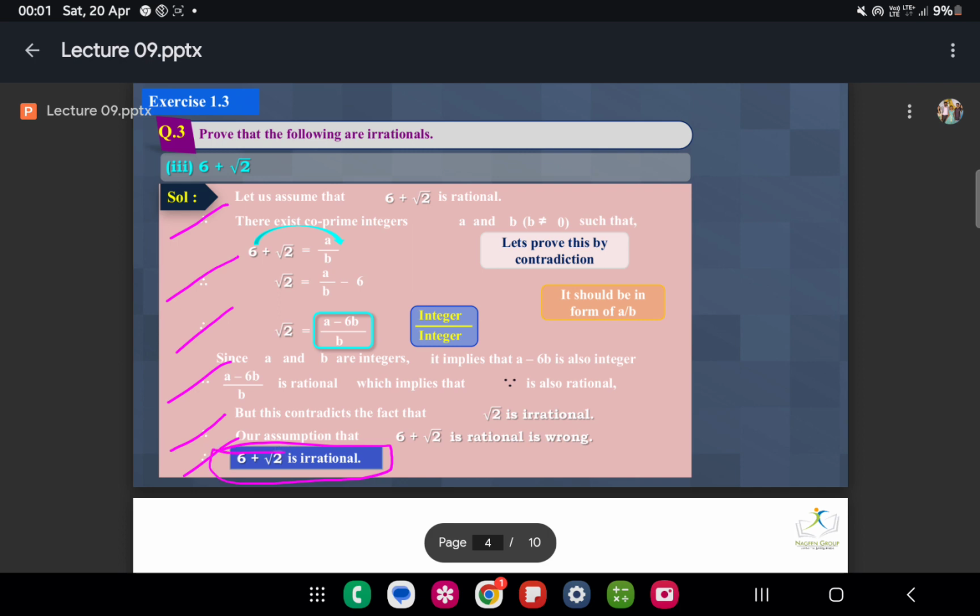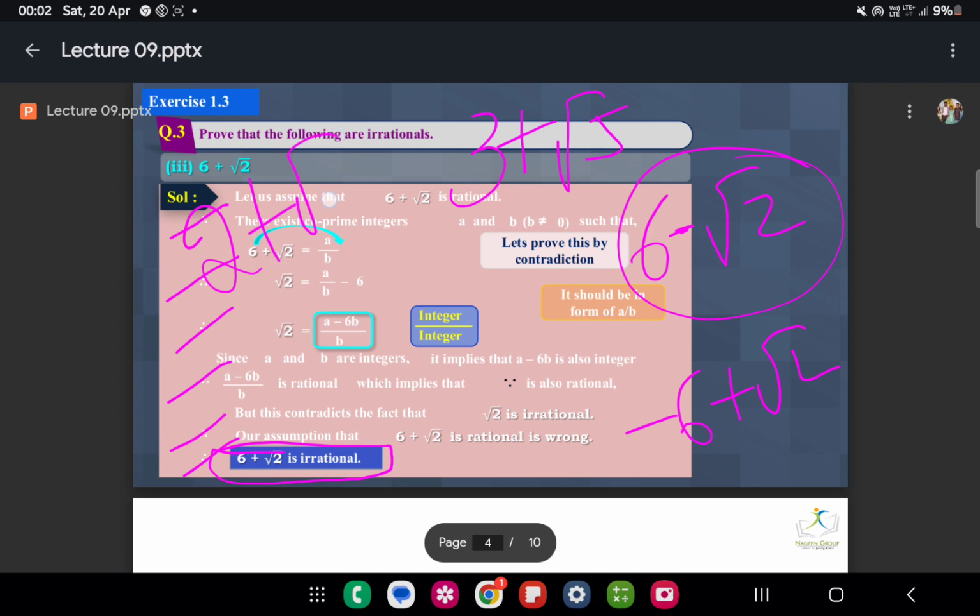Only these steps are enough to get the marks in the examination. This is an important question also. When they give 6 plus root 2, you can take 6 minus root 2, whatever you want by changing the sign, or you can take a minus 6 plus root 2, or 3 plus root 5, 2 plus root 2, whatever.